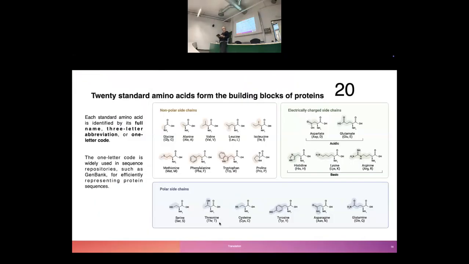So what do you have of that? The standard amino acids. That means without modification, not the rare ones, just the standard ones. So those are the ones we'll find in the genetic code tables.